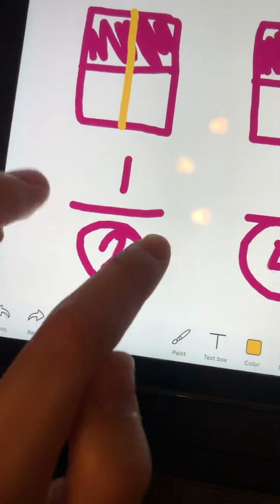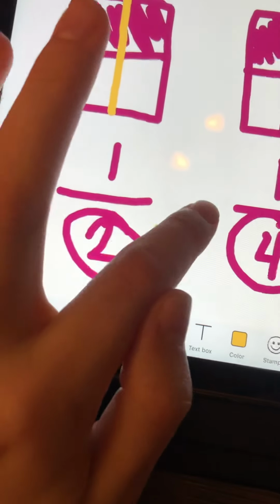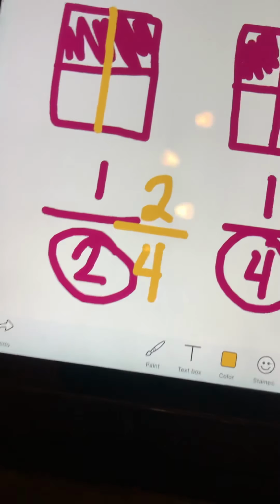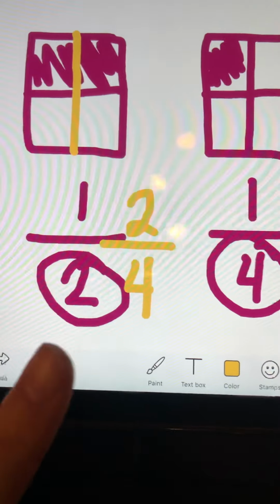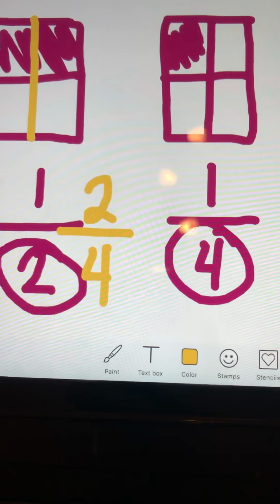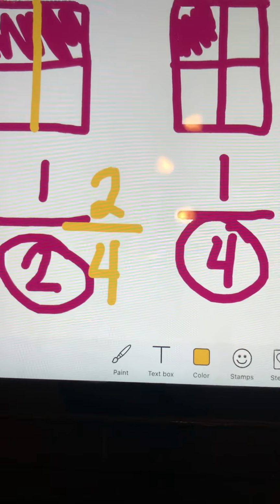We now have 4 parts, okay? And we now have 2 parts that are filled in. So now we have 2/4 and 1/4. Both have the same common denominator.